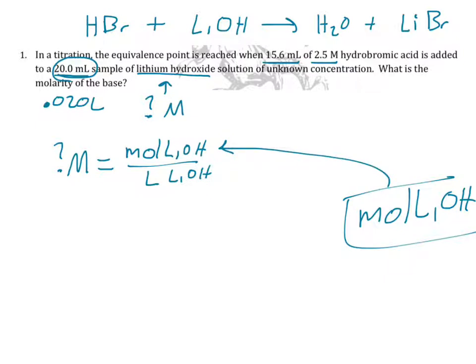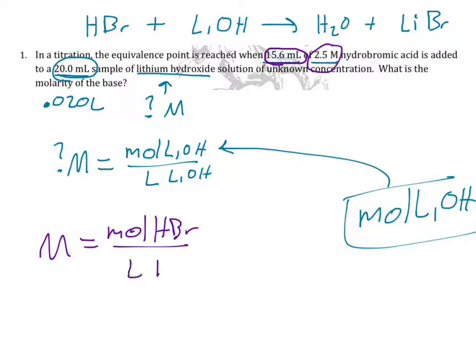And so how do we do that? Well, what else does it give us? It gives us the liters, which we're given as milliliters, but we can change to liters, and the molarity of the hydrobromic acid. And so we can take the molarity equation, the moles of the hydrobromic acid divided by the liters of the hydrobromic acid.